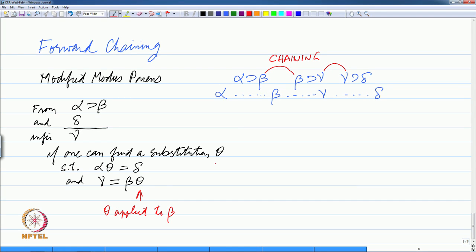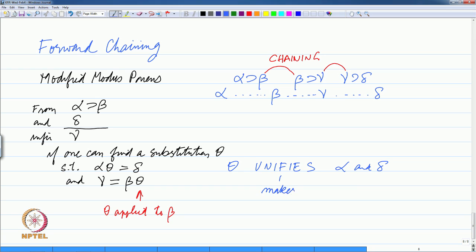This theta unifies, in this example, alpha and delta. Of course, delta may not have had the variable in the example that we were looking at, but it is possible that delta also may have had the variable. So, theta is a substitution which unifies two or more formulas.